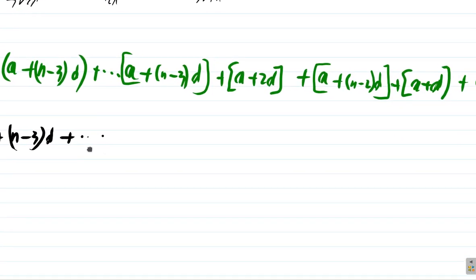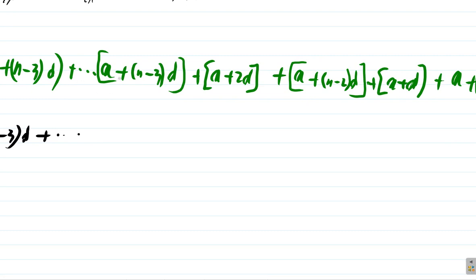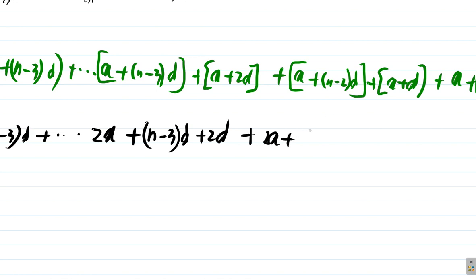Now we add a plus a again, which is 2a plus n minus 3d plus 2d, plus a plus a again, which is 2a plus n minus 2d plus d.